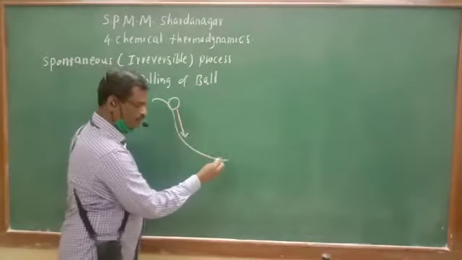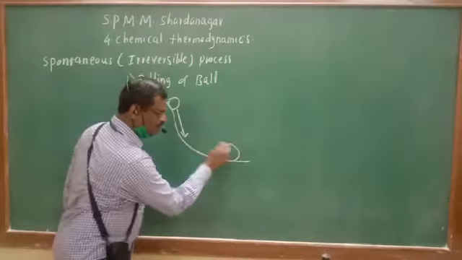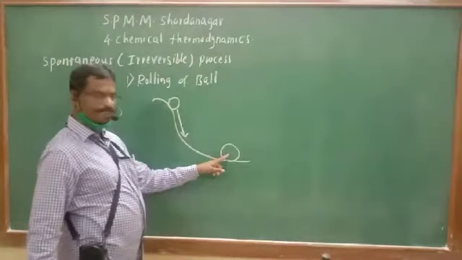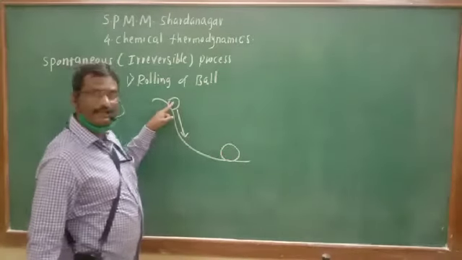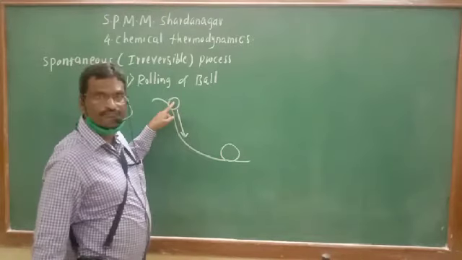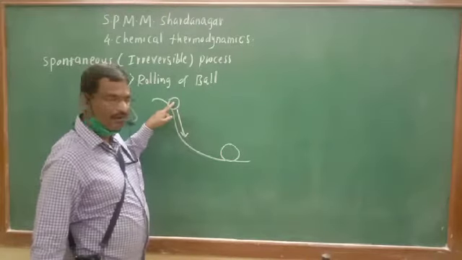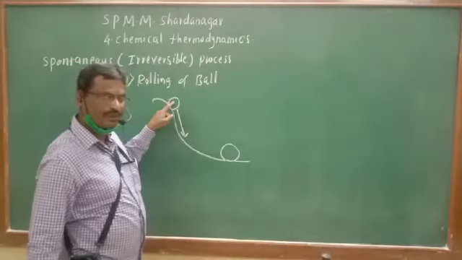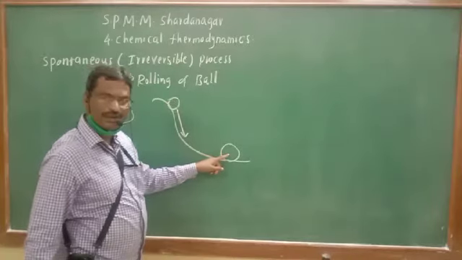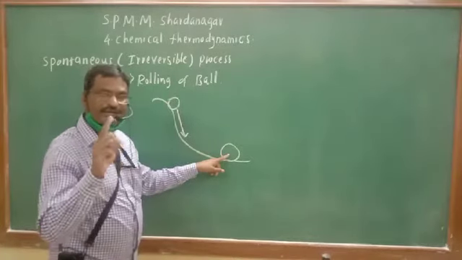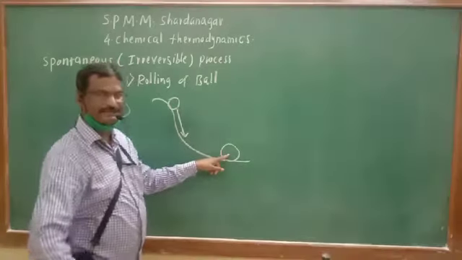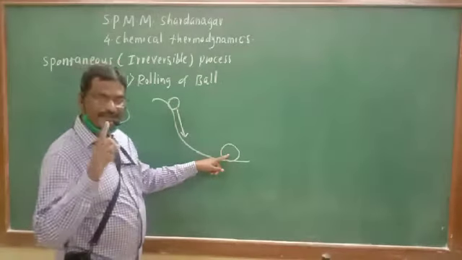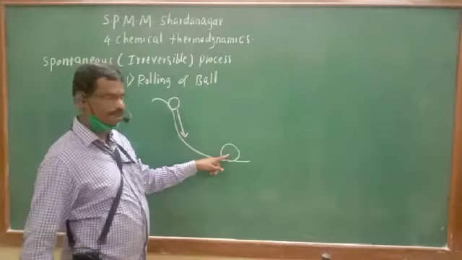It comes down and gets settled at this position. Here the potential energy of the ball is higher, and it comes to this level where the potential energy of the ball decreases. It maintains the equilibrium position.